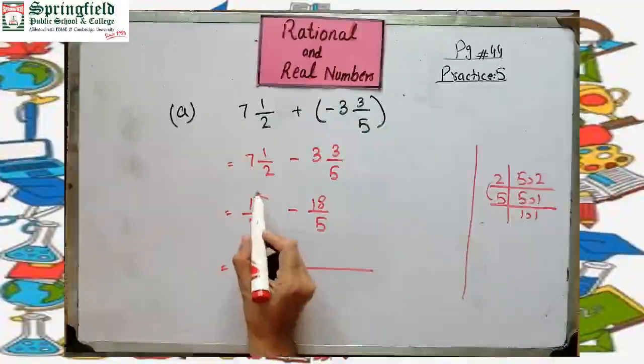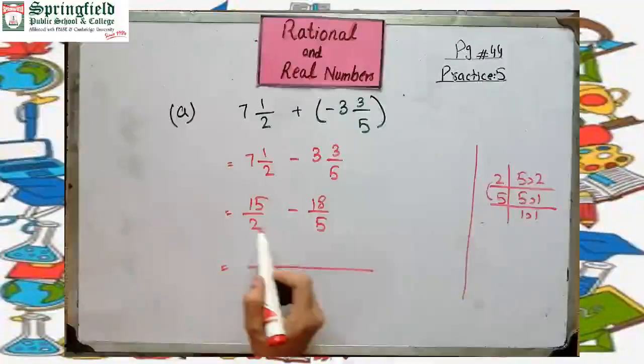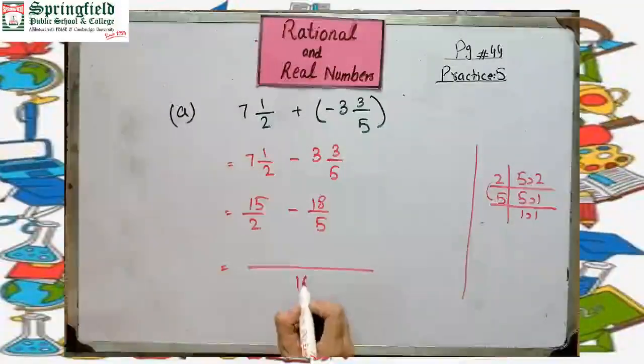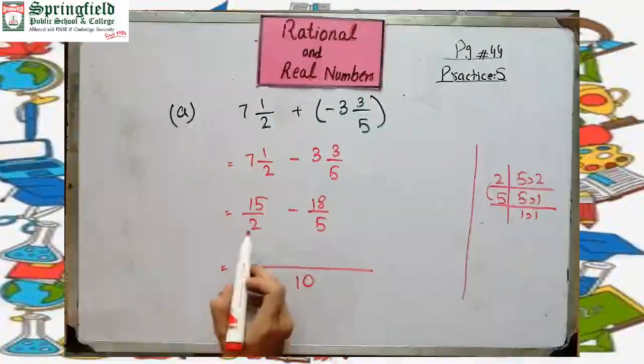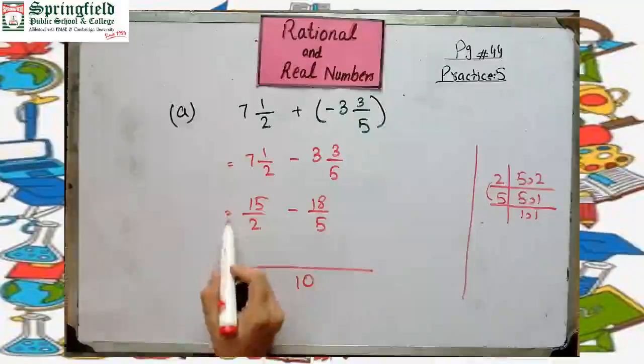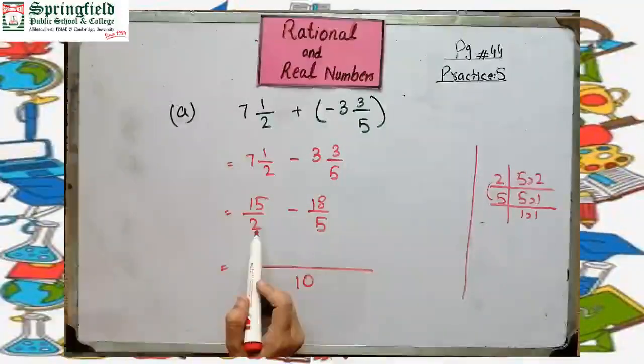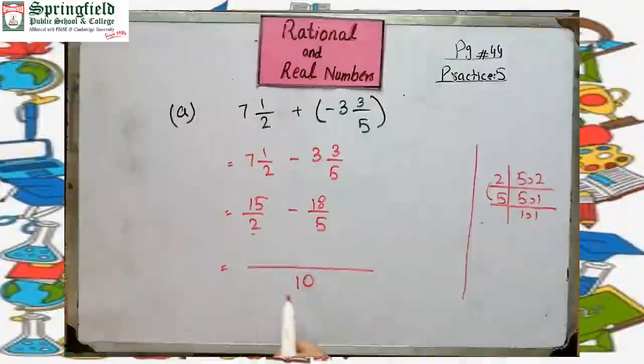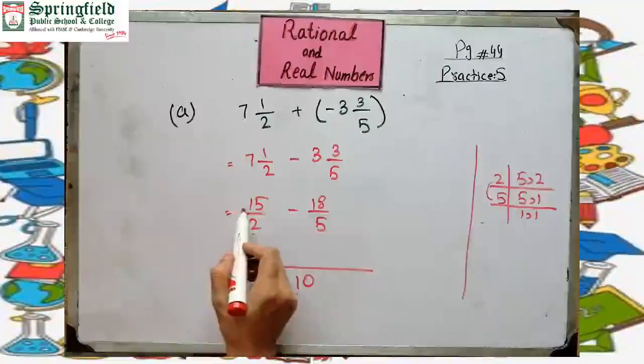As we know, these are small fractions. So how can we convert them into bigger fractions? By the LCM method. 5 2s are 10, so 10 is the LCM here. The method: first divide the LCM by the denominator, then multiply the answer with the numerator.